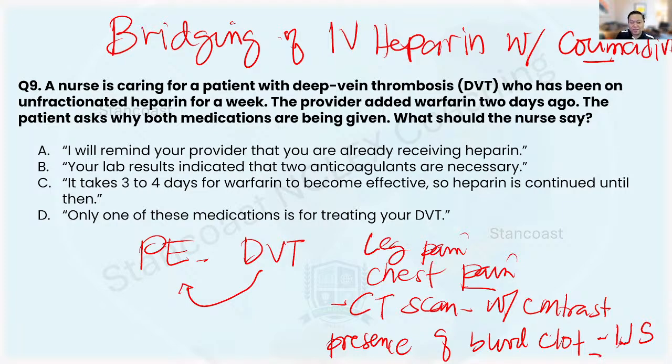Yeah, the medical provider will initiate the order, probably with the use of a fibrinolytic agent, which is the clot buster, or with the use of an anticoagulant, the heparin. Make sure that these medications are initiated once the patient's diagnosis is established, let's say DVT or PE.